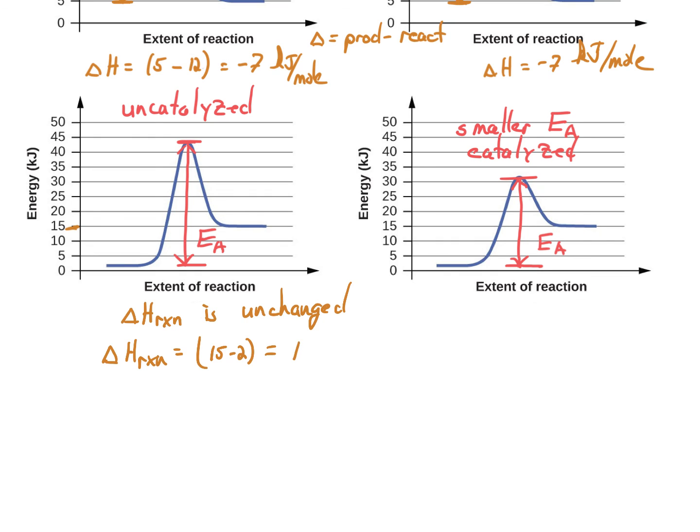And this corresponds to about 13 kilojoules per mole. Endothermic, since delta H is greater than 0, and we have the energy of the products is higher than that of the reactants. And in the catalyzed reaction, we have the same delta H.